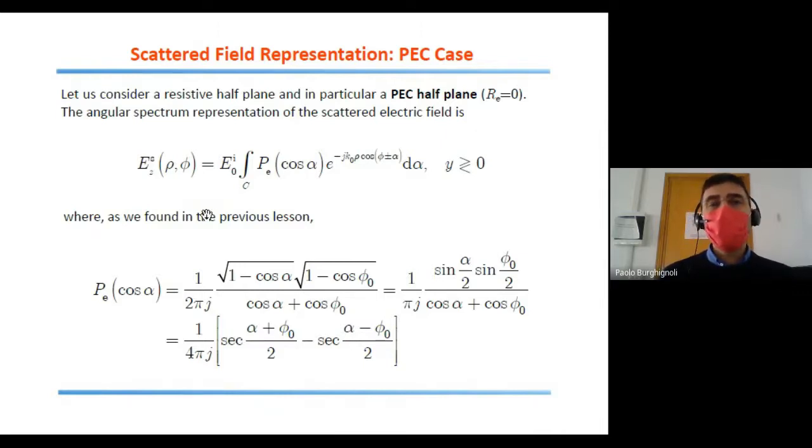The starting point is, again, the angular spectrum representation of the scattered field, which is repeated here. You can see there is an integral, which is performed along a specific contour in the complex alpha plane. This constant here is the amplitude factor of the incident field, and it is taken outside for convenience.